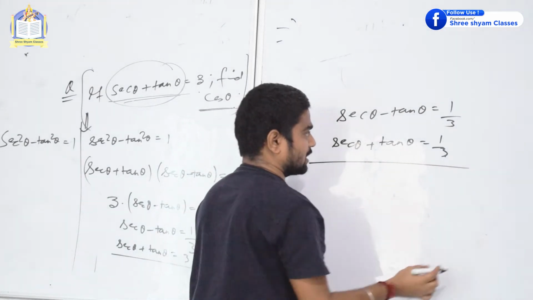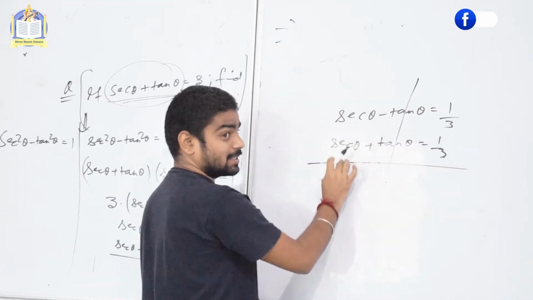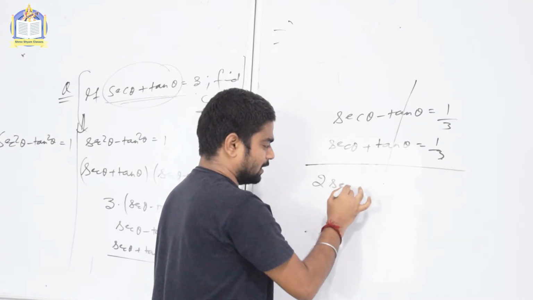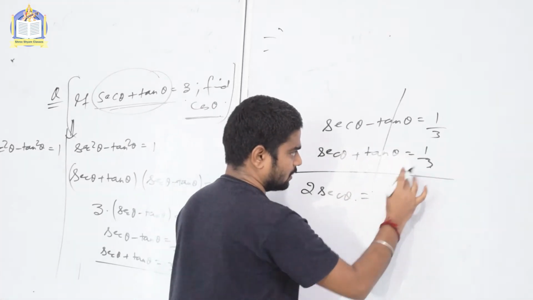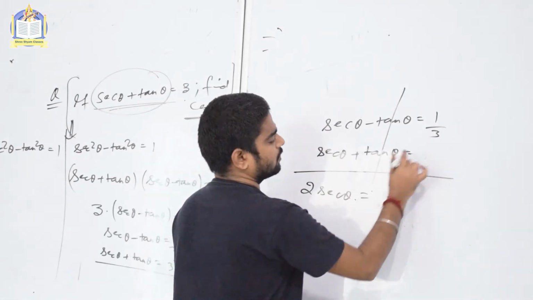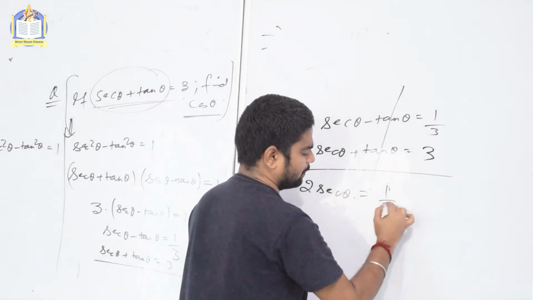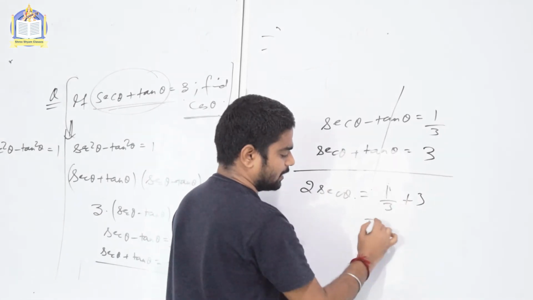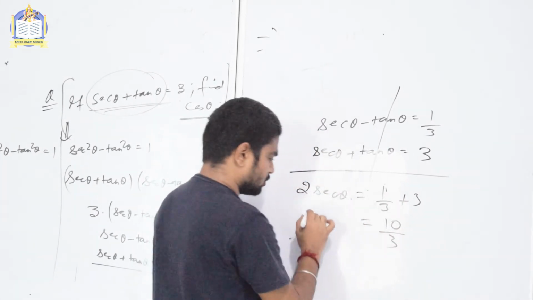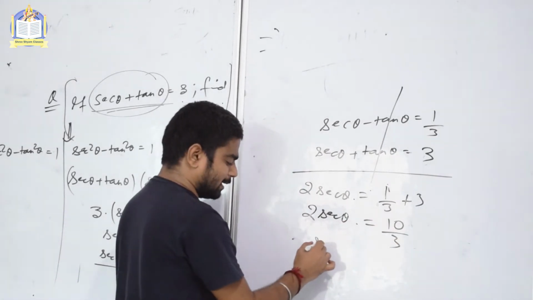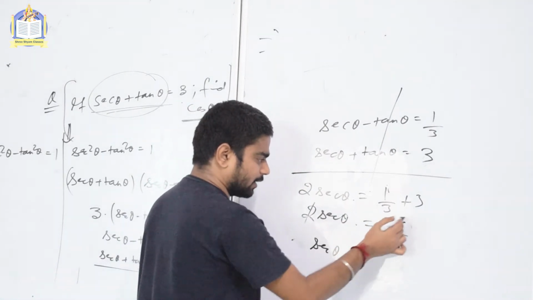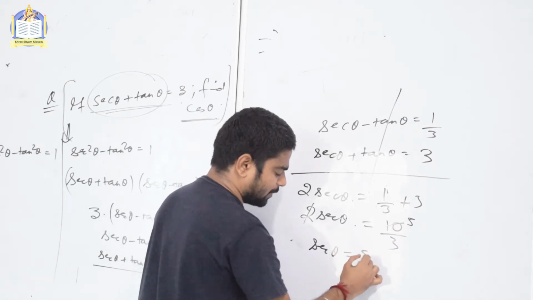On adding the two equations, tan gets cancelled, so sec plus sec gives 2 sec theta, and 1 by 3 plus 3 is 10 by 3. So 2 sec theta is equal to 10 by 3. So sec theta is 5 by 3.